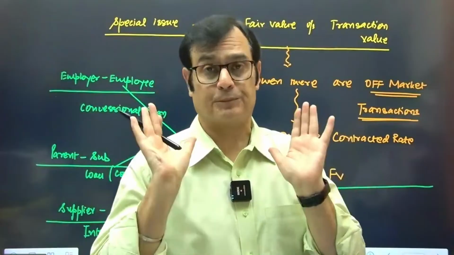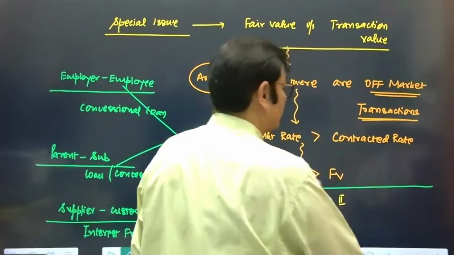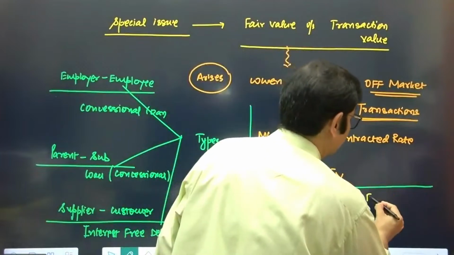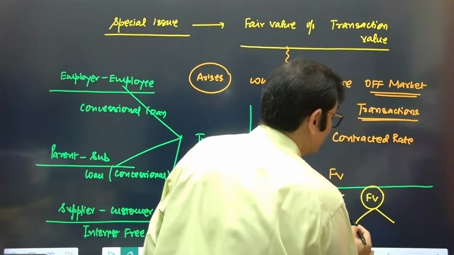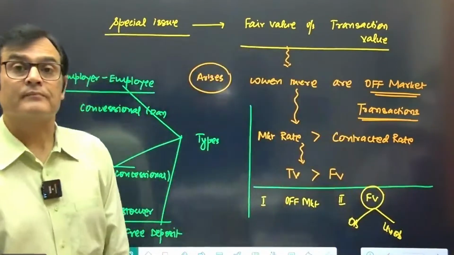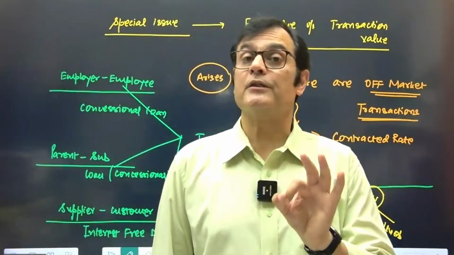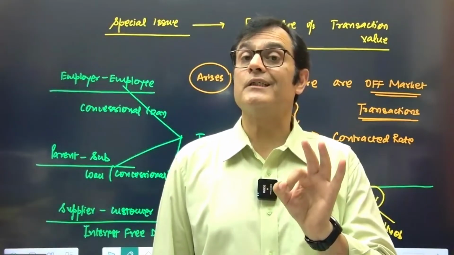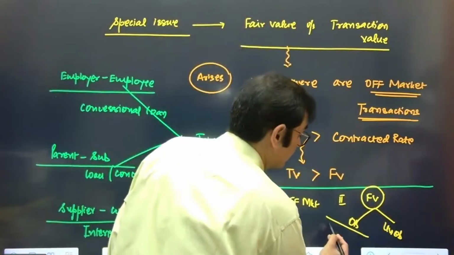If you say it is an off-market transaction, you go to step number two and identify the source of the fair value. Is the source of the fair value observable data or is it unobservable data? If it is observable data, the difference in transaction and fair value goes in the P&L. It's called a day one gain or loss. So this will be taken in the profit and loss.